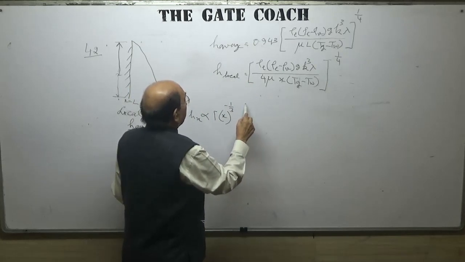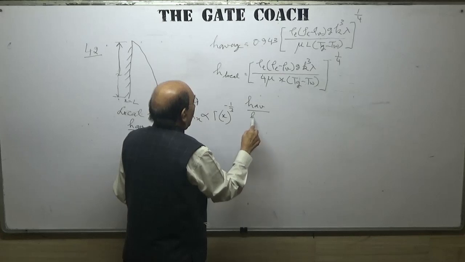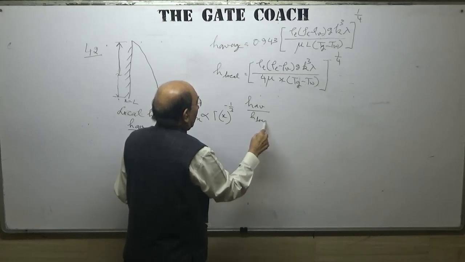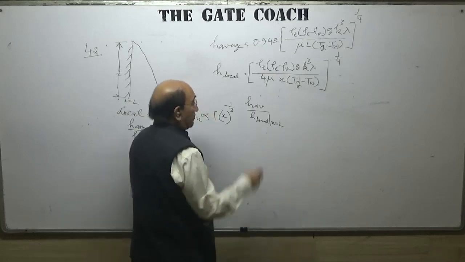What we have to determine is the ratio of H average upon H local when x is equal to L at the bottom of the plate.